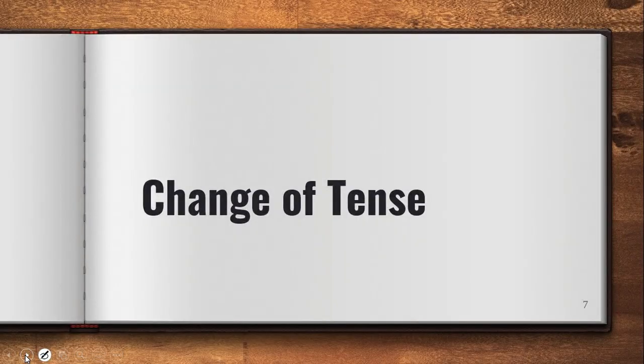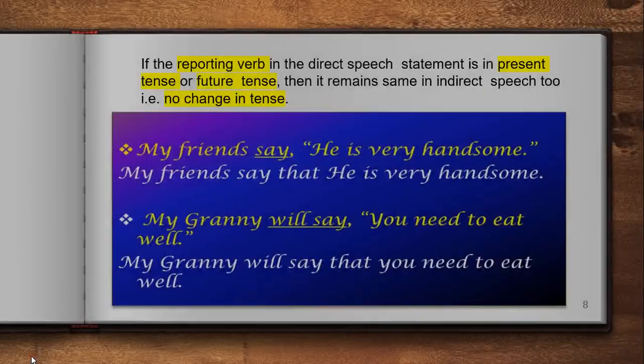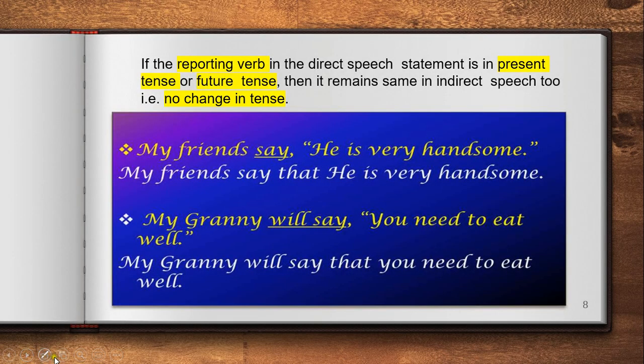Next, we also learn about tenses. There are some tenses that you have to know. If the direct speech is in the present tense, the indirect speech will be changing. Let's take a look at this one, guys.